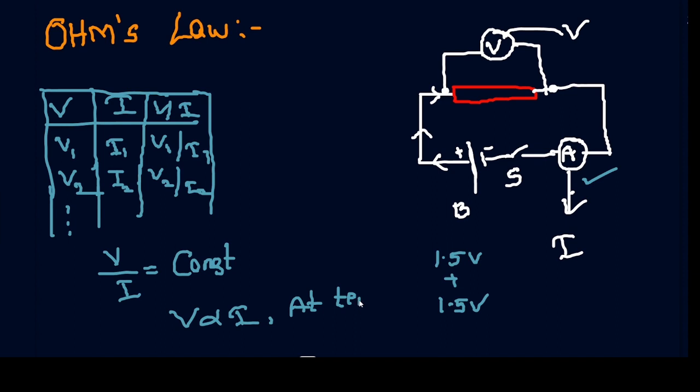At a constant temperature, the potential difference between two ends of the conductor is directly proportional to the current passing through it. So this is the statement of Ohm's law.